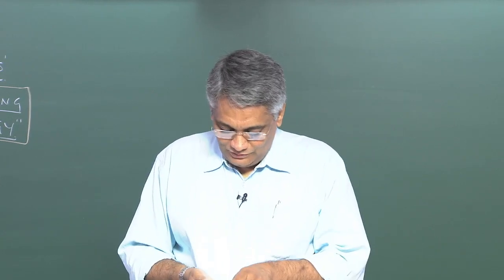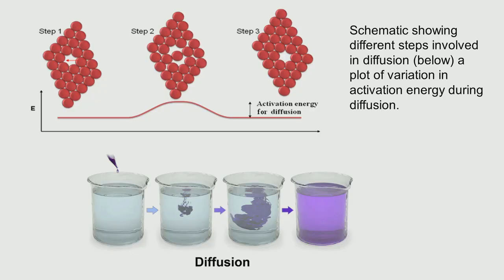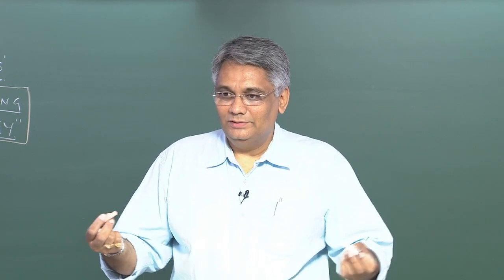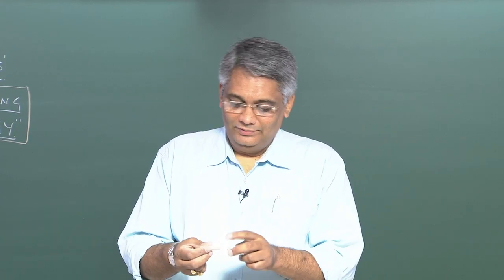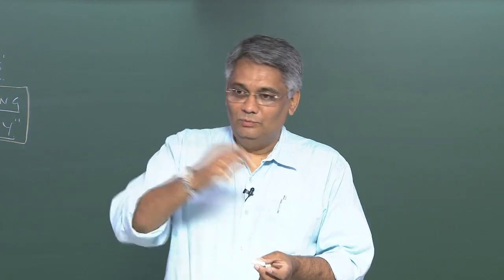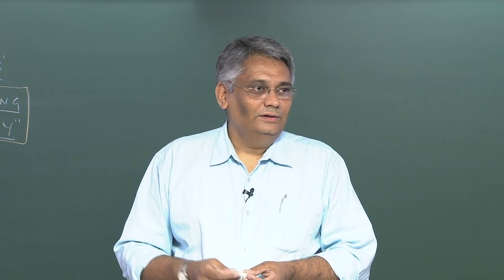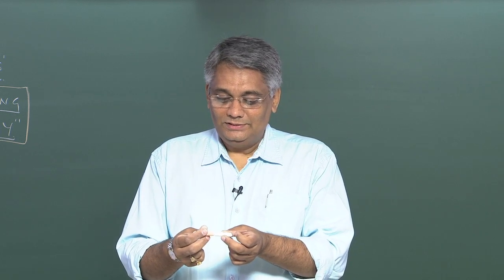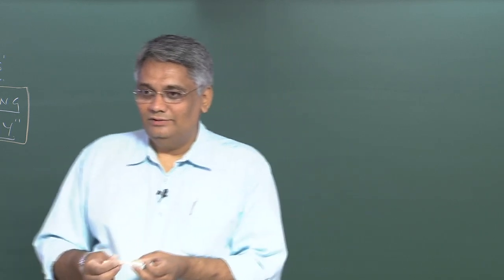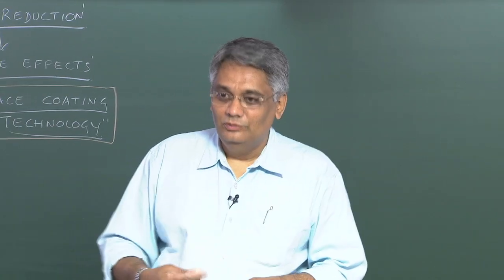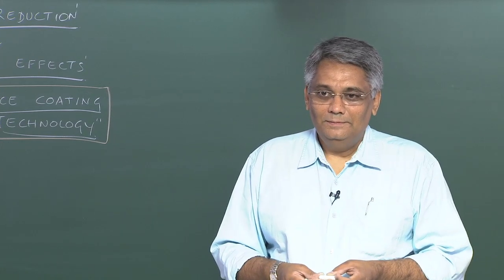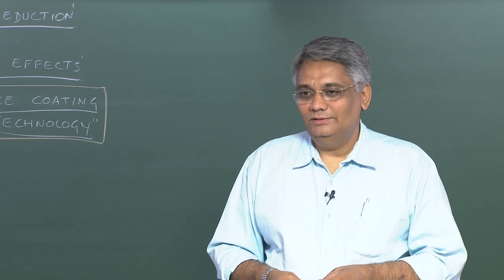So if these are two different solids made of different elements in each case, and ions or atoms have to diffuse from one side to the other, you will see the migration of ions at the interface leading to the formation of a new phase at the interface, and that process is going to be very slow.